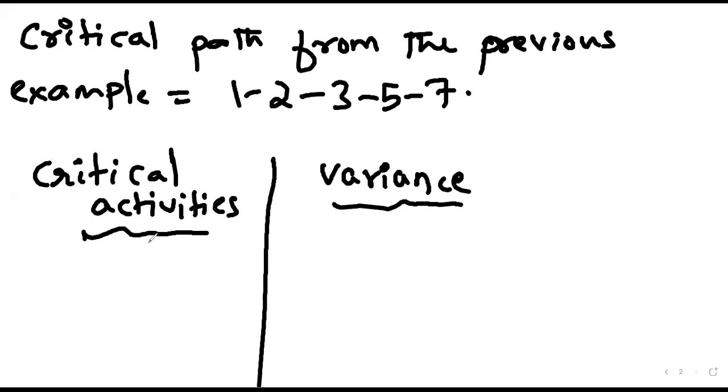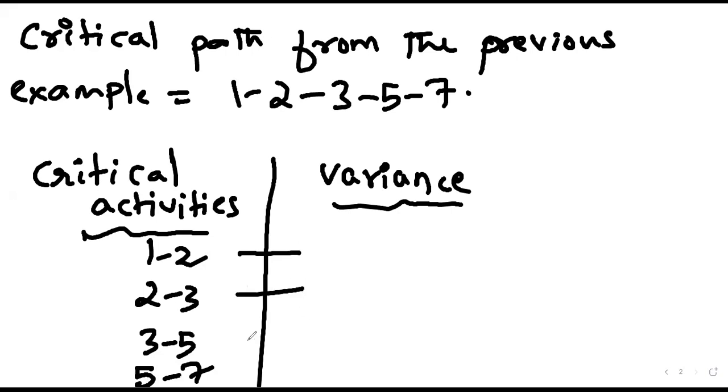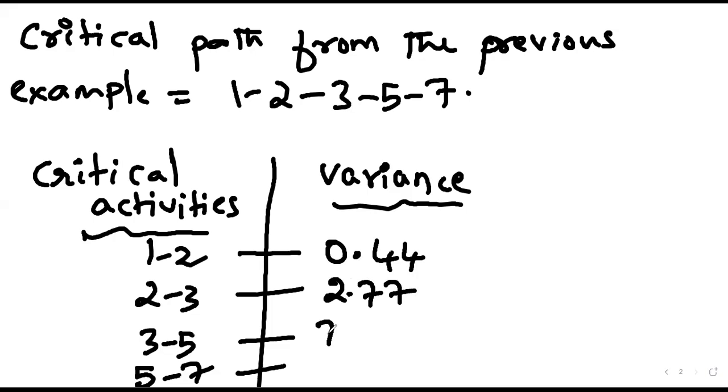First one is 1-2, 2-3, 3-5, 5-7. Correct. So what are their variances? 0.44, 2.77, 7.11, 1.77.